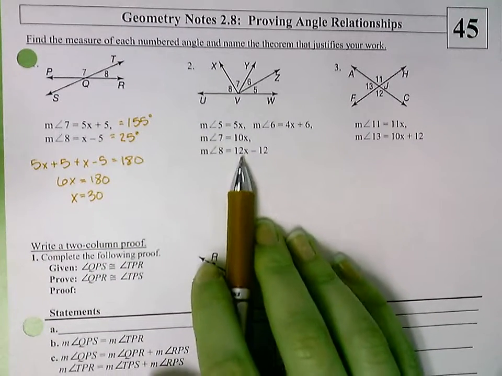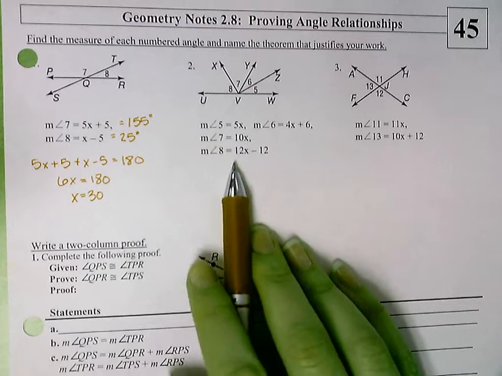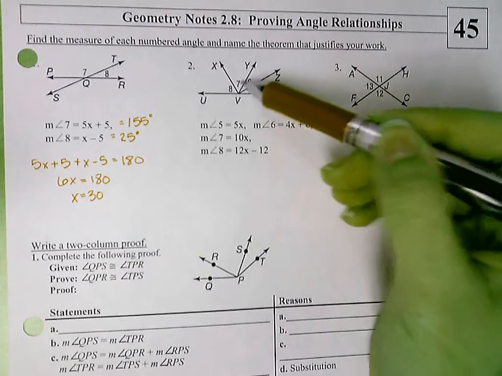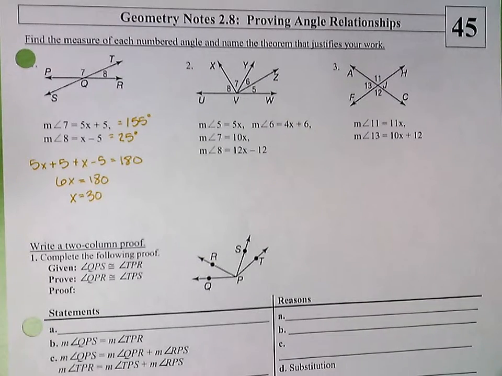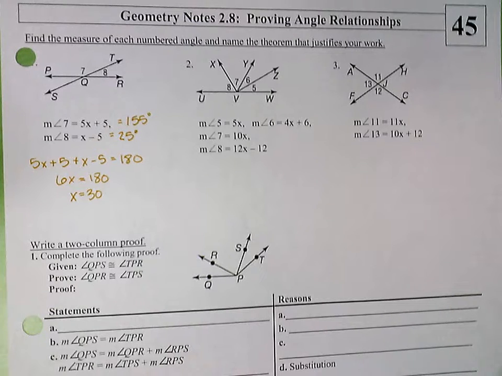Okay, number 2. In this one, we have 4 angles. All 4 of those angles make up a straight line. If your angles make up a straight line, they have to add to what? 180.